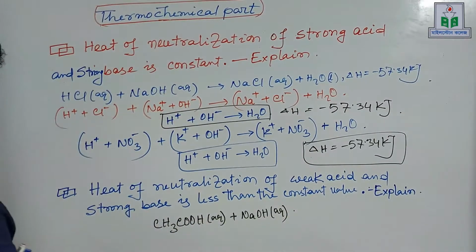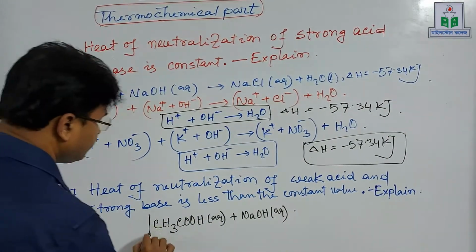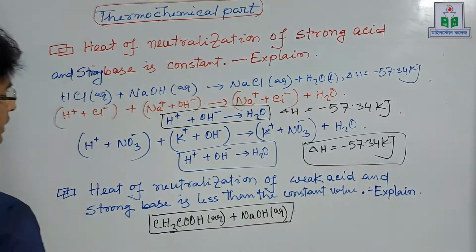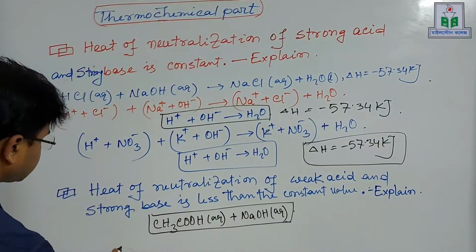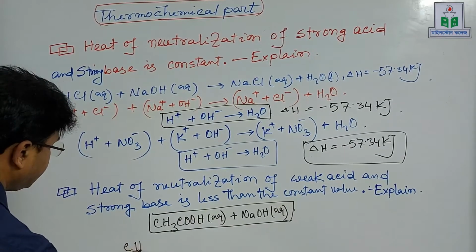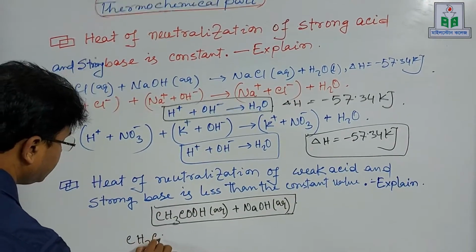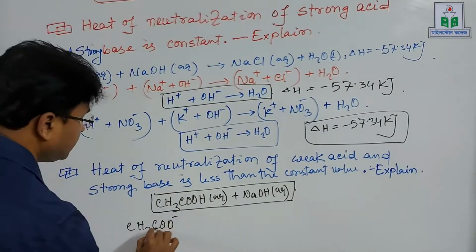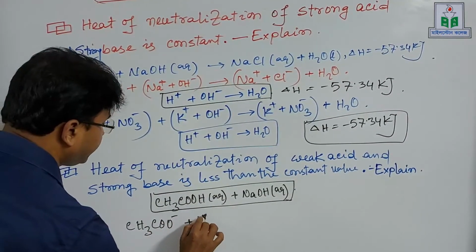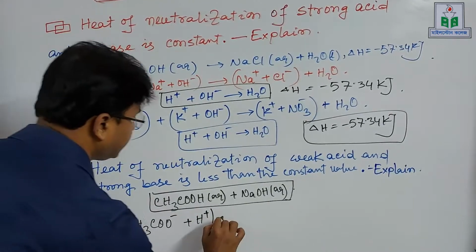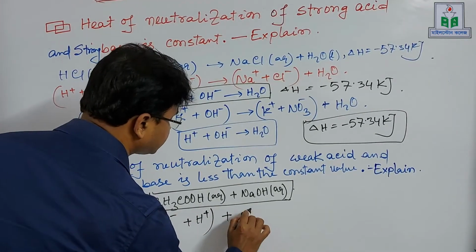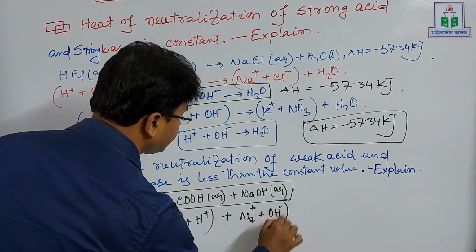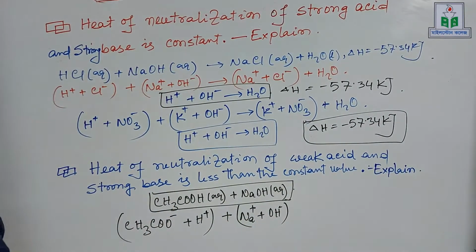Here if I write both the ethanoic acid and sodium hydroxide in the ionic form, in the aqueous solution ethanoic acid ionizes partially to produce ethanoate ion and H plus ion. Again sodium hydroxide ionizes in the aqueous solution completely to produce sodium ion and hydroxide ion.